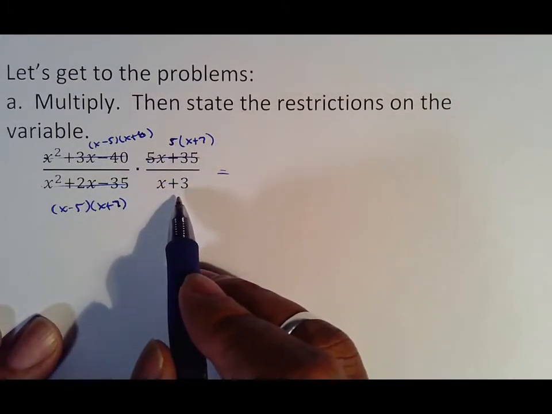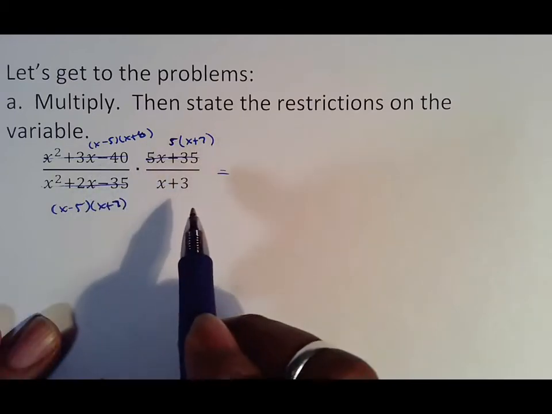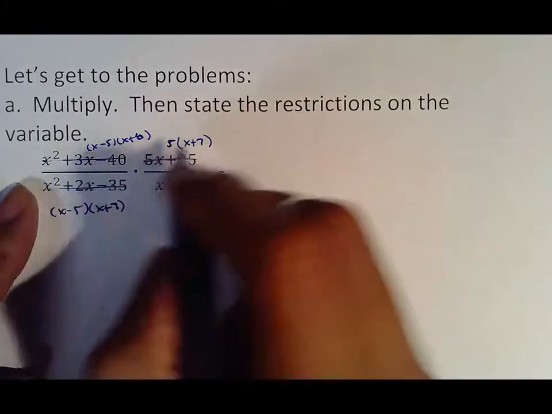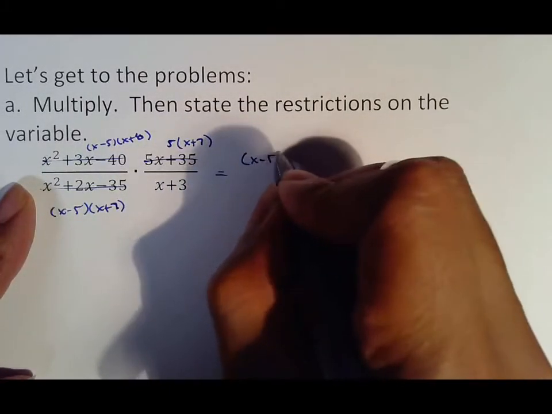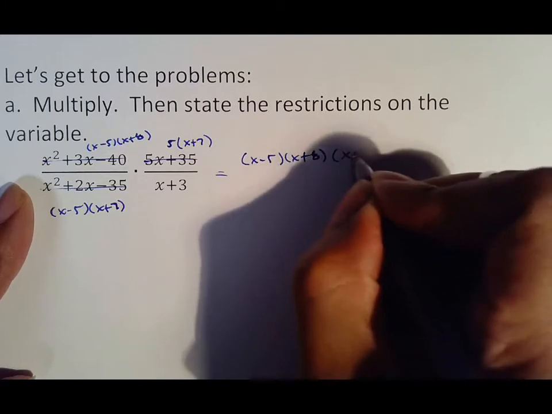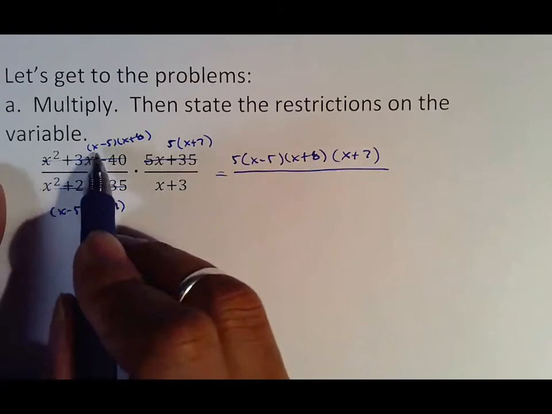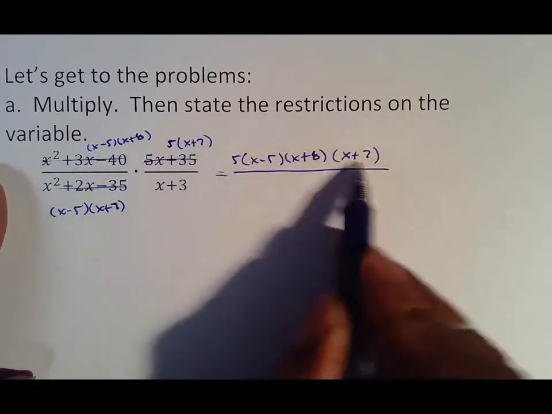So what I mean by multiplication being a combination is that really all we are doing conceptually is putting all these together. So we pretty much have x minus 5, x plus 8, x plus 7, and 5, because all those are on top.